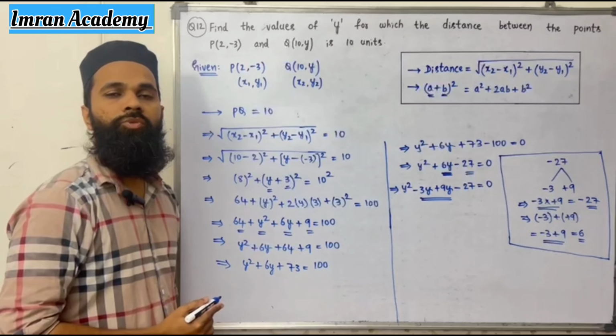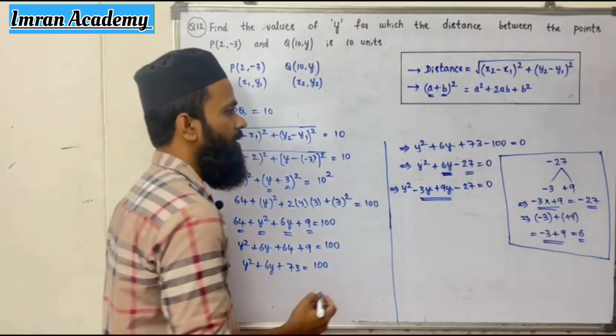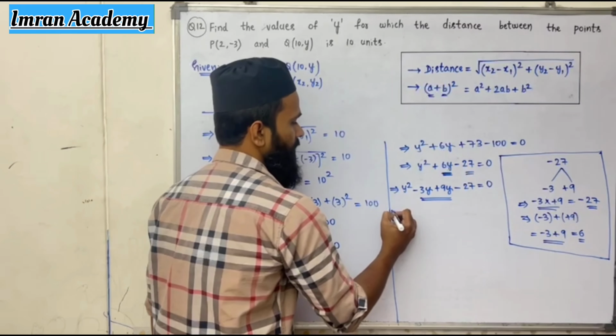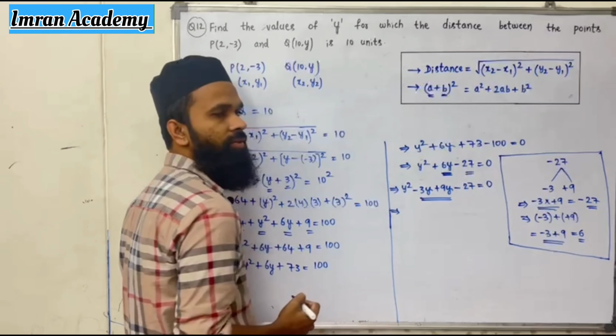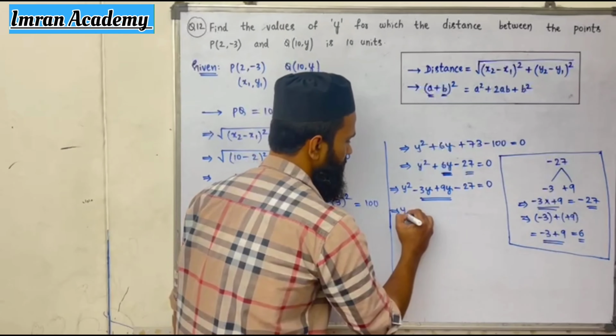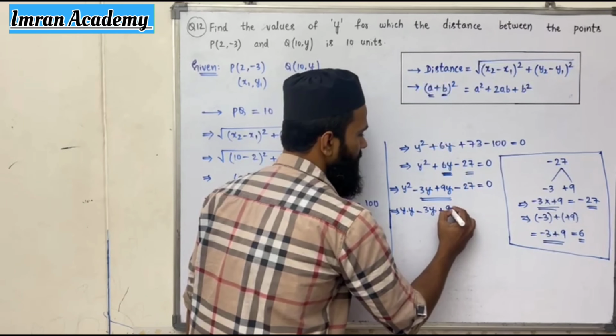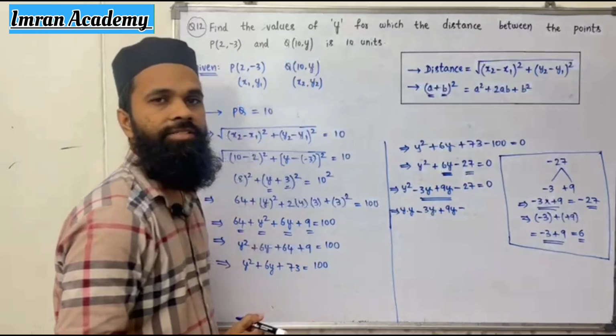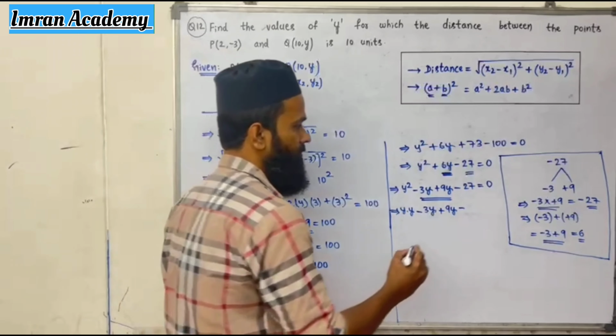This is called splitting the middle term. Here this is the middle term we are splitting. That implies y square we write as y into y, minus 3y plus 9y minus 27, we write it as 9 into 3, is equal to 0.